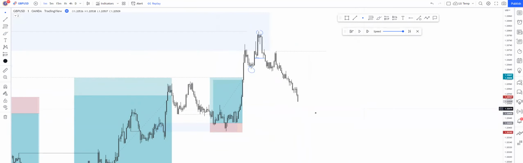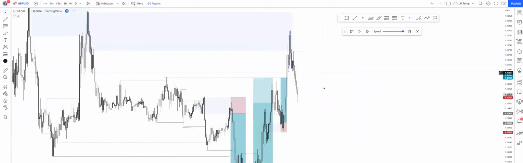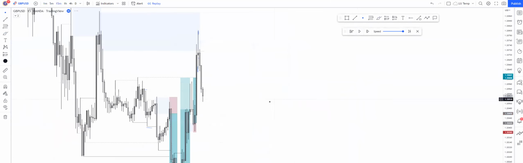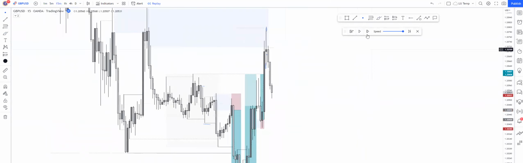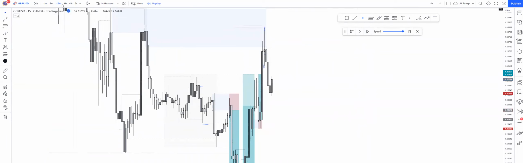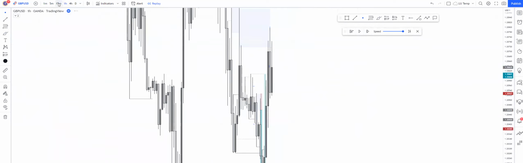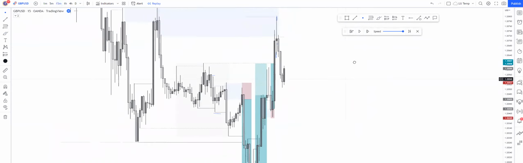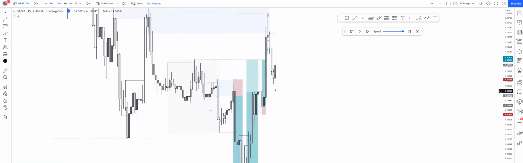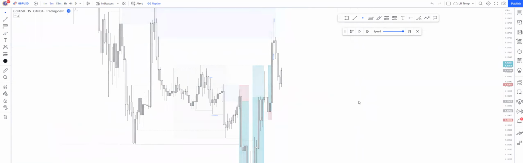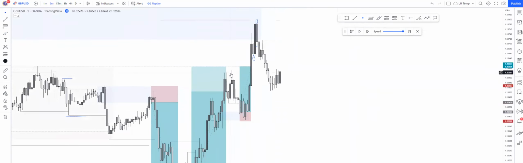It's coming to an untested POI, so we're gonna get a reaction for sure. There's the imbalance. We're on 1 hour. Nothing. Oh yeah, we did have a breaker, but there's the imbalance. We also have a breaker there.